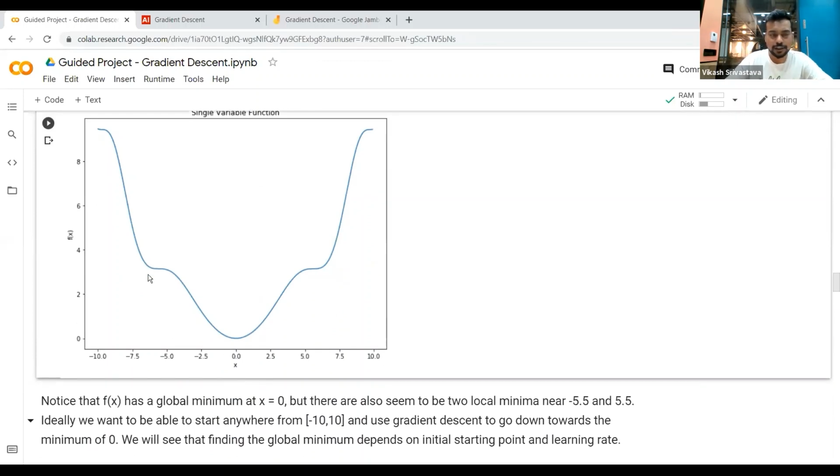As you can see, here we don't have a local minimum, but what we call a saddle point. It's neither a local minimum nor a local maximum, but a saddle point.